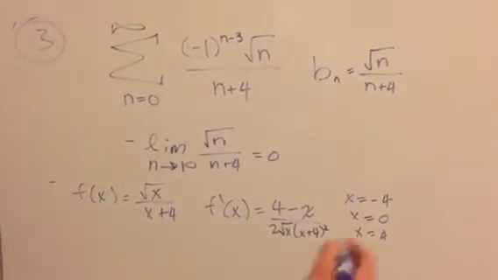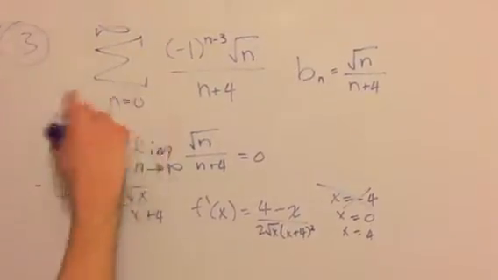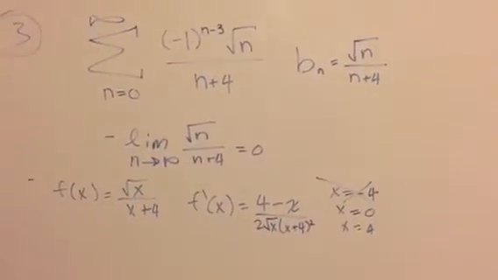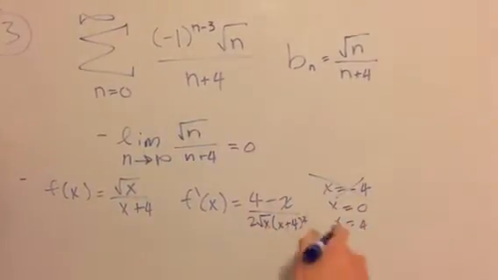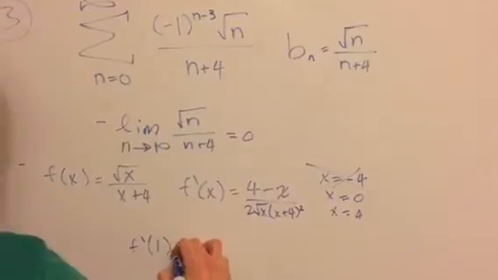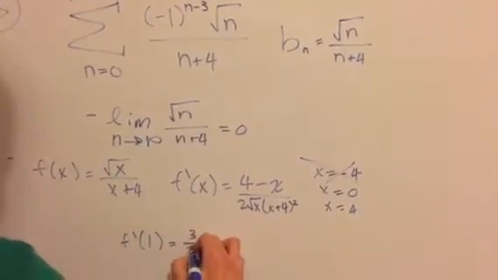So we don't care about x equals -4 because it's out of the bounded region that we care about, which is 0 to infinity. And so from 0 to 4, let's just try f prime of 1, which is equal to 3 over 50.